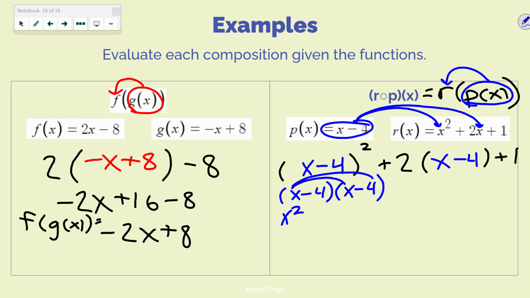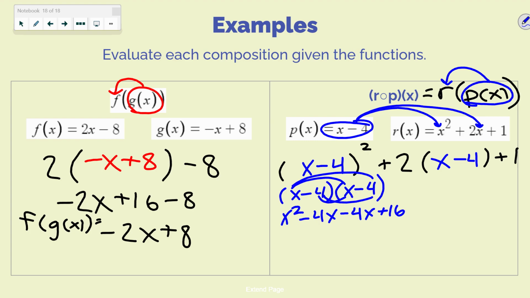You'll end up with x squared minus 4x, another minus 4x, and plus 16. For a couple months right now, until I show you a little shortcut, take that, multiply it by itself, so that way you don't get yourself into any trouble and you're able to square that binomial.